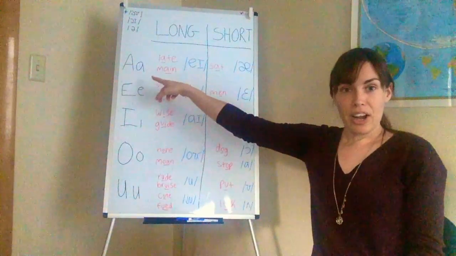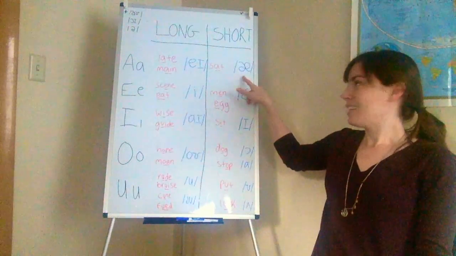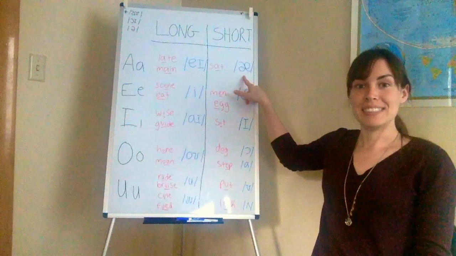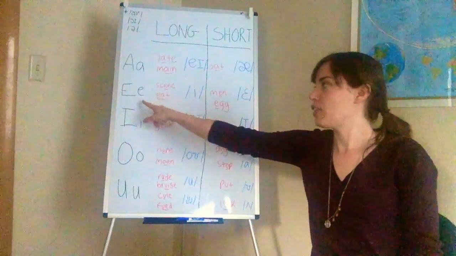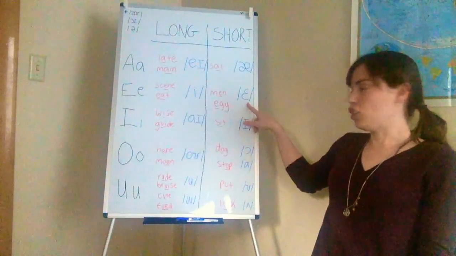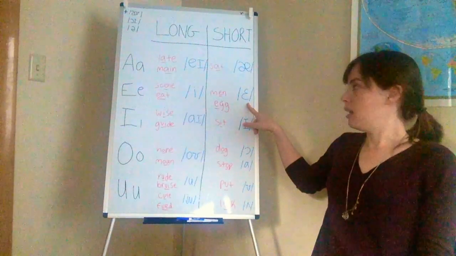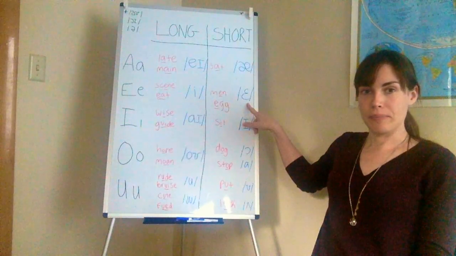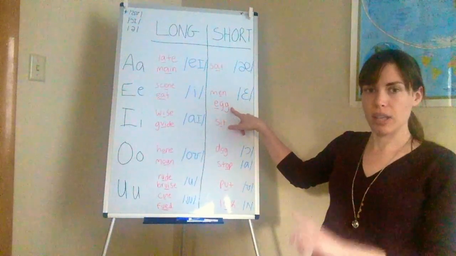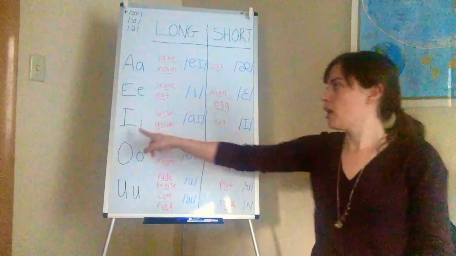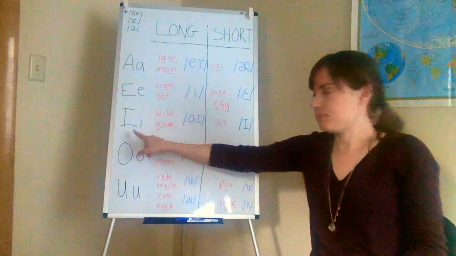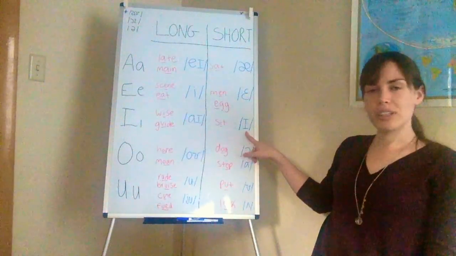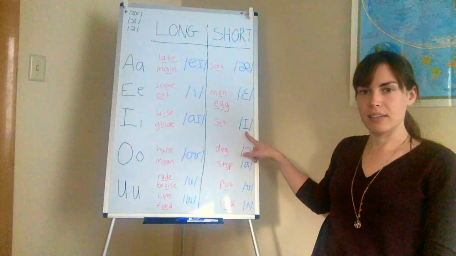So again, for the letter A, the short version is A, like in sat. For the letter E, the short version is E, like in men or egg. I'll explain that in a minute. For the letter I, the short version is I, like in sit.